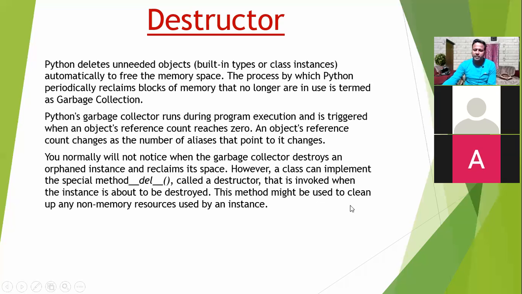The method might be used to clean up any non-memory resources used by the instance. So basically, the destructor is used to free the memory of an object which is not required anymore. Constructor is used for allocating the memory. Destructor is used for deallocating the memory which is not required.